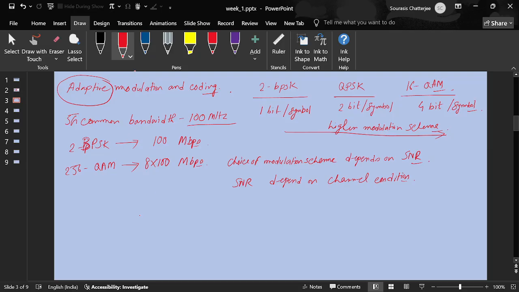Let's say I have one base station here, and I have here user 1, and here I have user 2. The base station wants to serve them both. Now how does the base station know which modulation scheme to use for which user? Can one of you answer at this point?